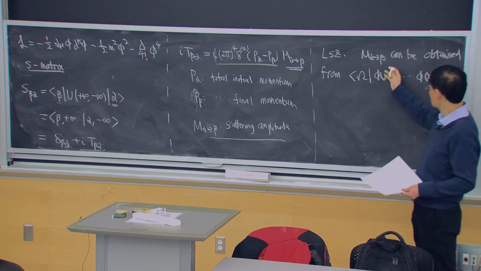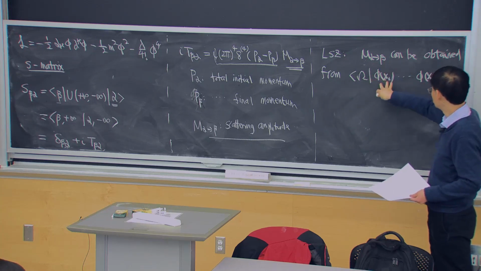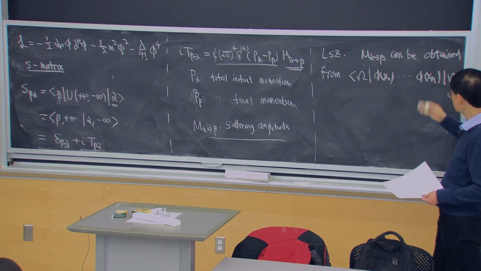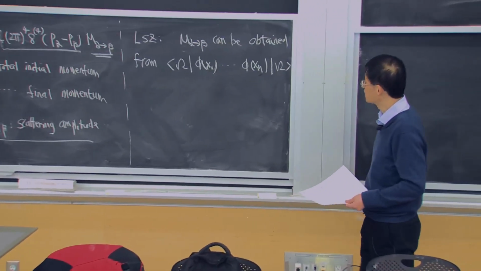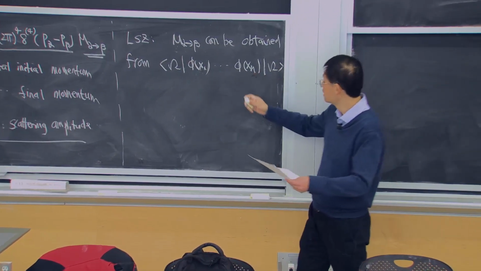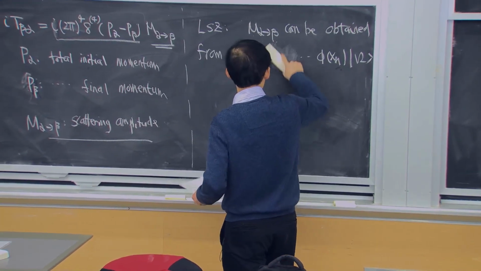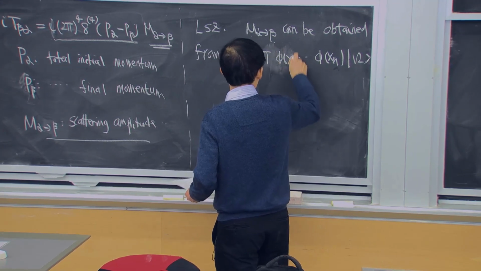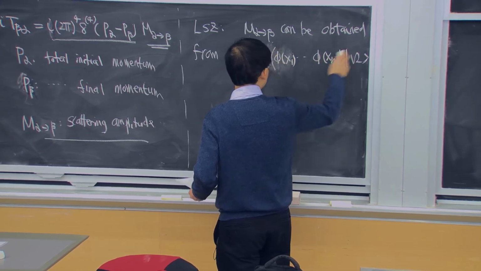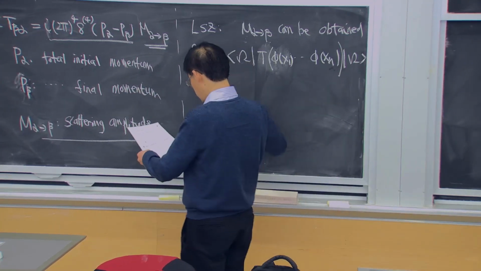Later we will discuss in more detail how you obtain M alpha beta from here. But at the moment, it's enough for us to know that the scattering amplitude can be extracted from this quantity. Oh, sorry, here it should be time ordered. Let me just explain the notation here.